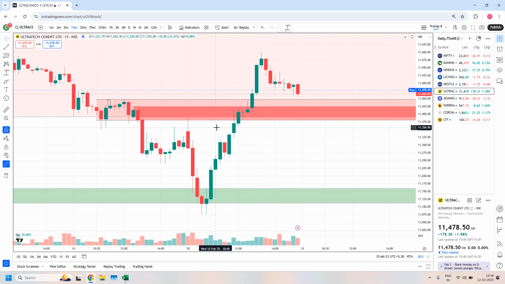But from your individual point of view, if you had taken a second trade and it is stopped out, you need not worry, because you already got a big profit. That is what I recommended earlier also. Once you get a good profit from the zone, when prices reach again intraday, take a trade. If it is stopped out, the loss will be very minimal compared to the earlier profit.